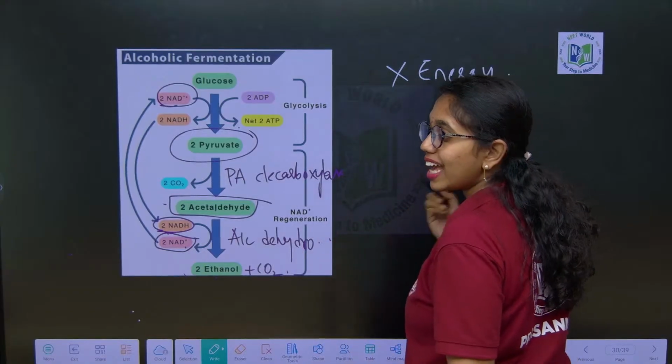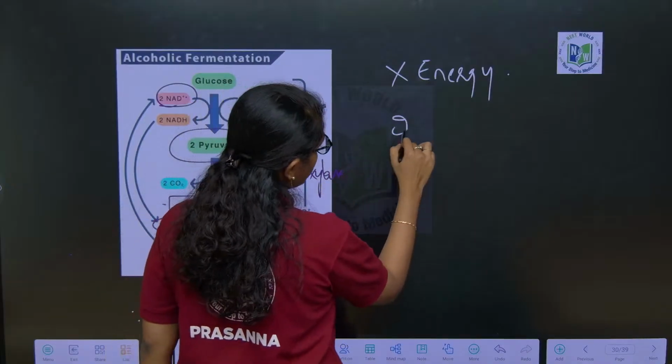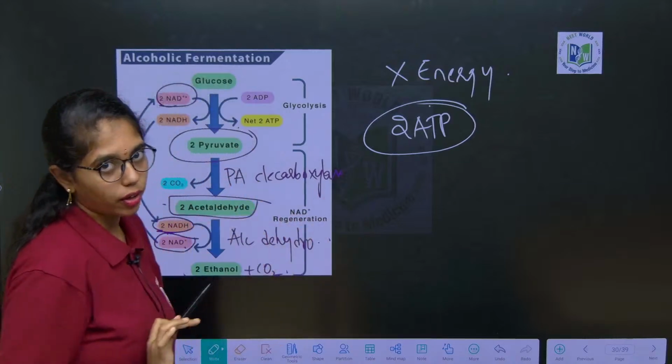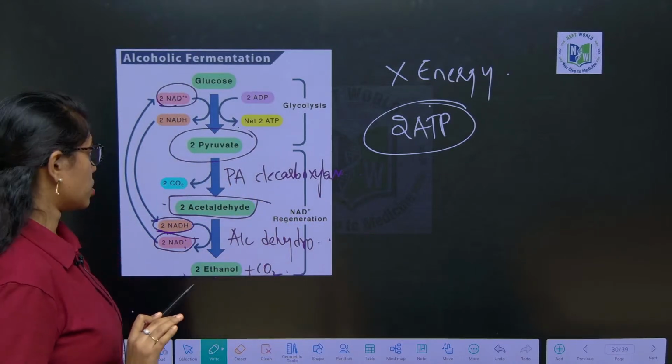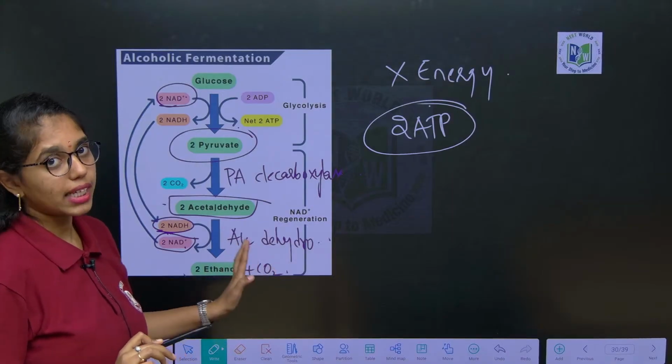What is the amount of energy that is released due to anaerobic respiration is just 2 ATP. That 2 ATP is also from glycolysis, that is the net ATP of glycolysis. From fermentation, there is no energy released.